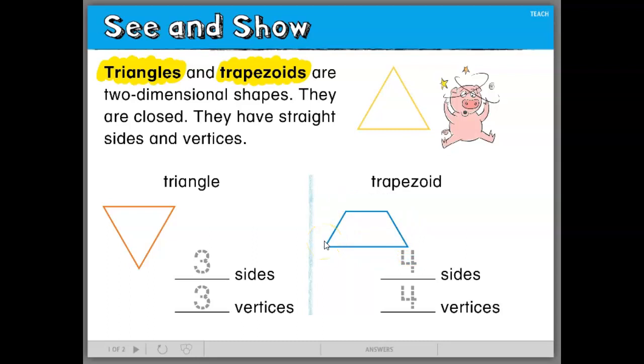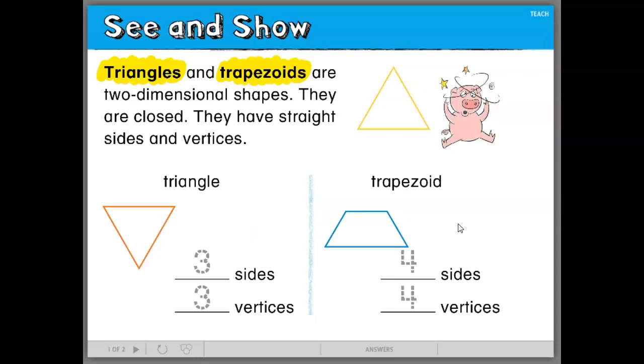Now, one other thing I want to look at with these shapes. On this triangle, are all the sides the same length? They are, but not all triangles will have all the sides the same length, but they can be. What about the trapezoid? A trapezoid has 4 sides and 4 vertices just like a square and a rectangle. Are all the sides on the trapezoid the same length though?